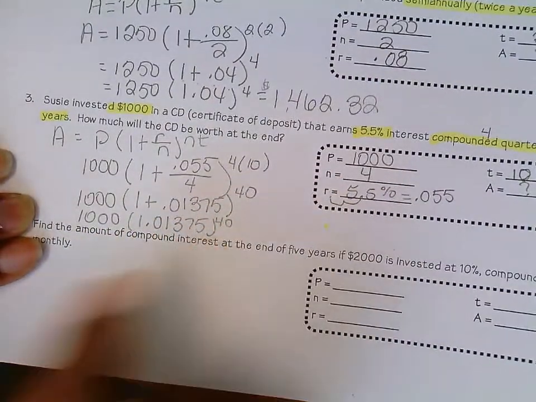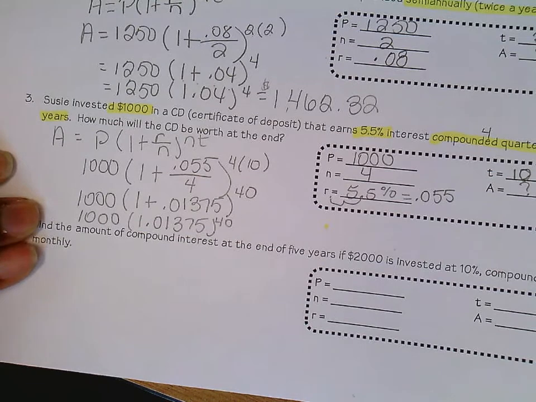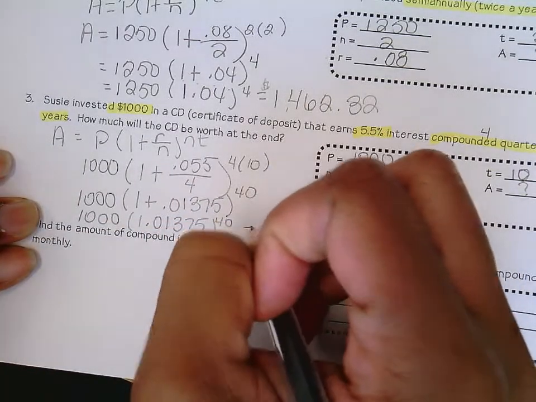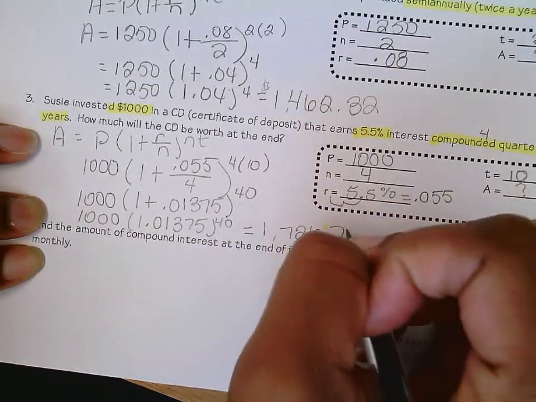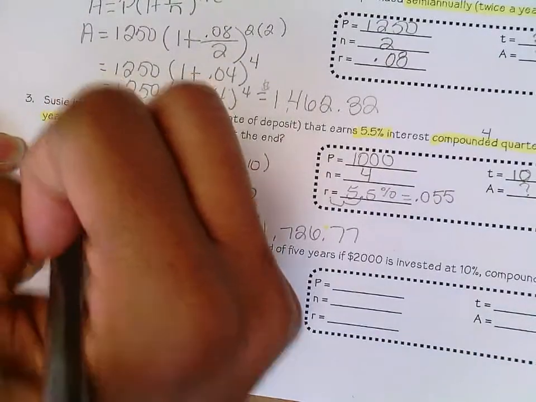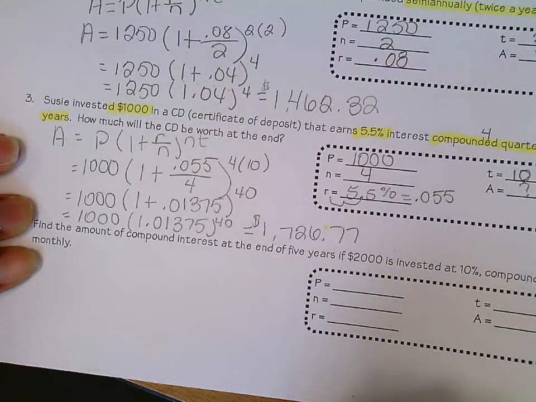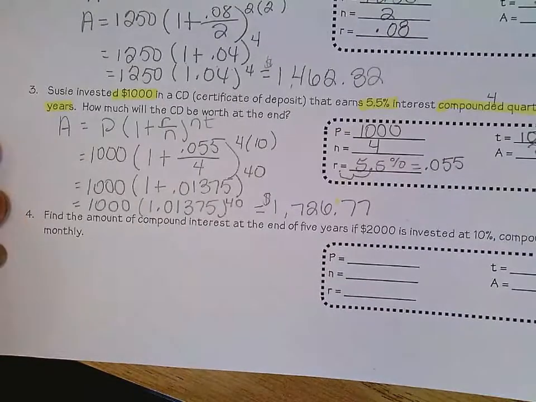And now it makes it easier to put in the calculator. 1,000 times 1.01375 caret key 40. And you get $1,726.77. Again, rounding to the nearest hundredth because we're talking about money. Okay? And that's the final amount.